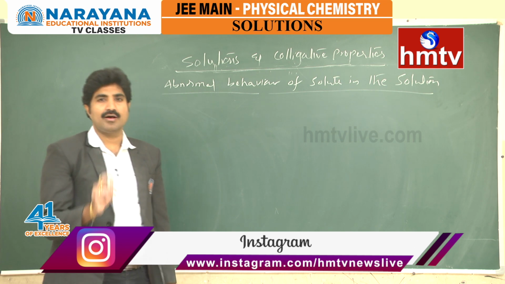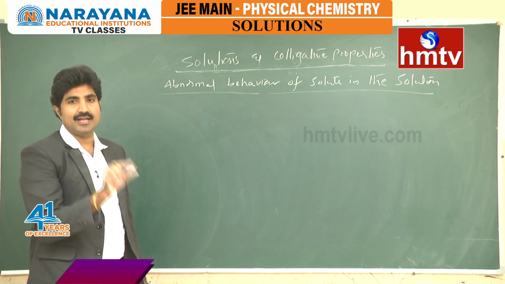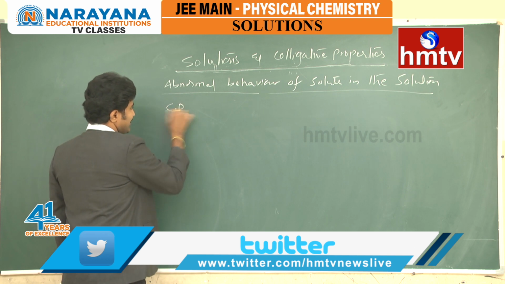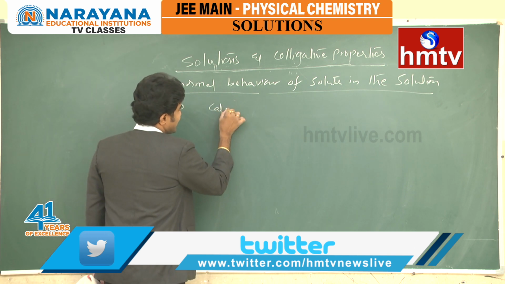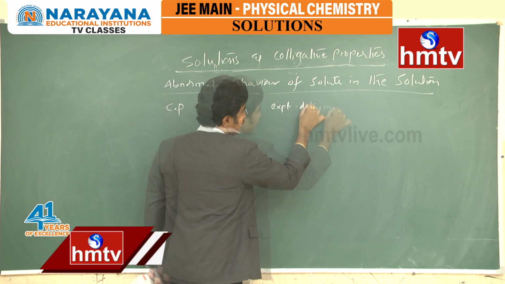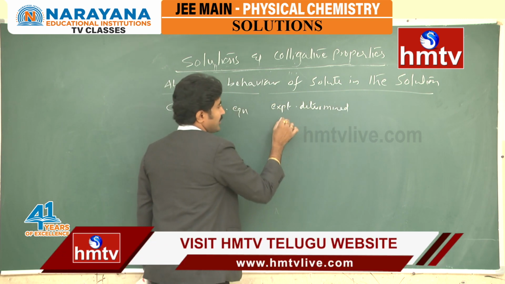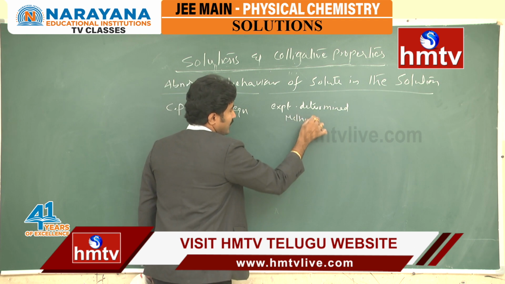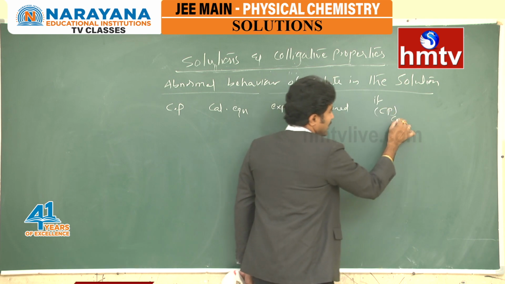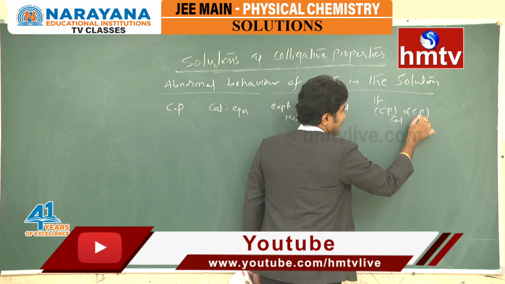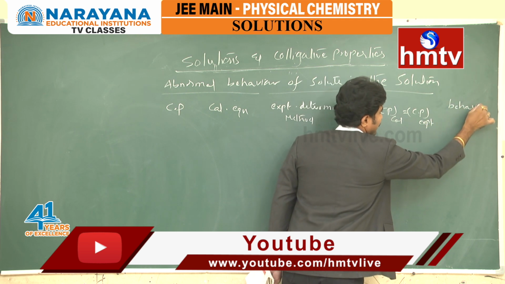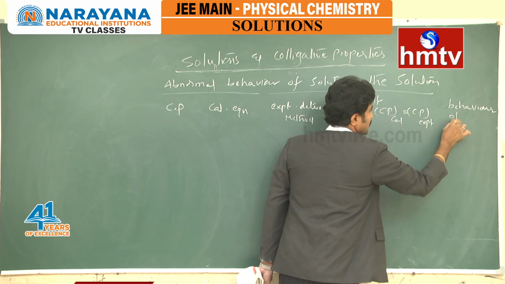That means for every colligative property there is a calculated equation as well as an experimentally determined equation. If the colligative property calculated is equal to the colligative property experimental, then it shows the corresponding behavior of the solute in the solution.